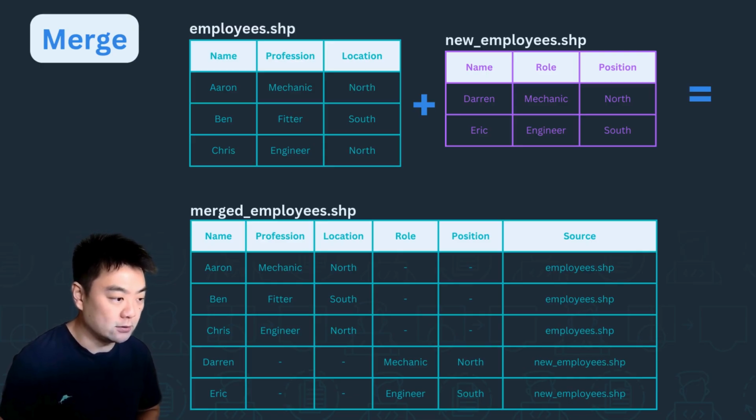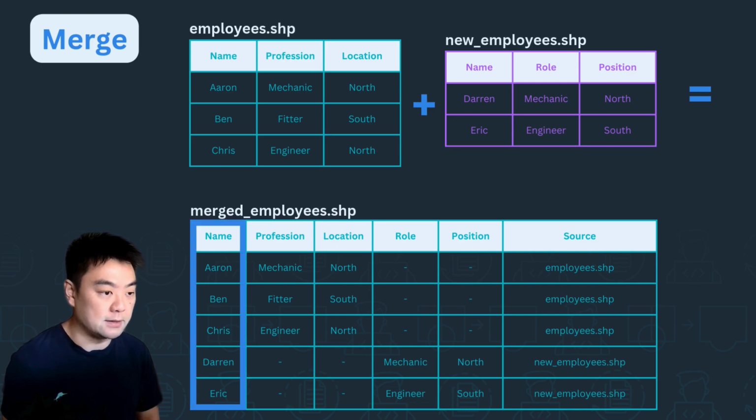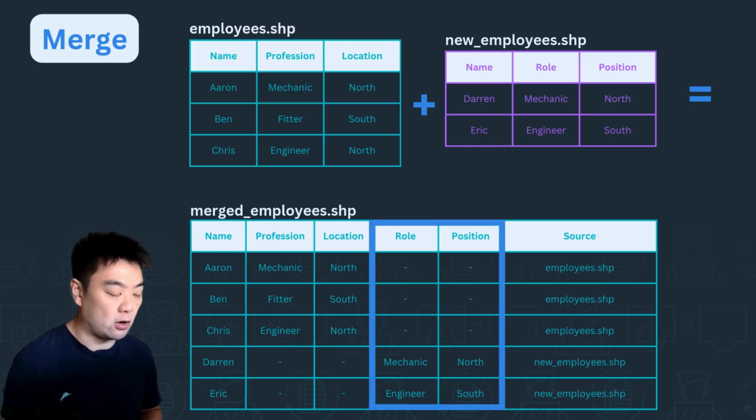So we can see the resulting file here has a couple of extra columns. So we have the original employees shapefile name, profession, and location. And we've got the name column from the new employees as well, all brought together for you in the one column. The missing columns, like the role and the position, have also been added to the table as new columns.